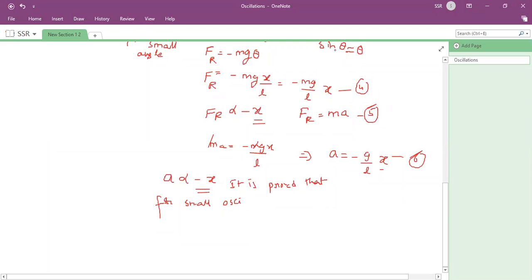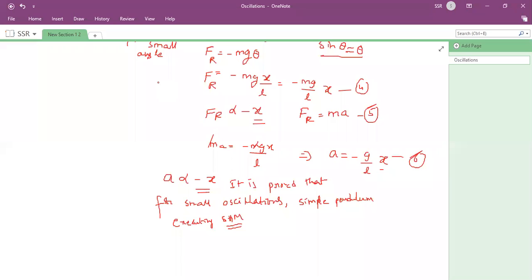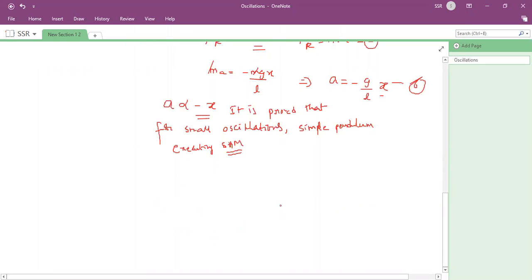The condition is that sin theta is approximately theta. That's why small oscillations. Then for small oscillations, the simple pendulum is executing SHM. Are you clear on this point? That means the oscillations of a simple pendulum for small oscillations are simple harmonic motion. So this is proved.